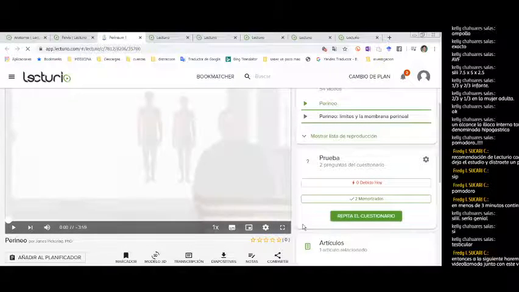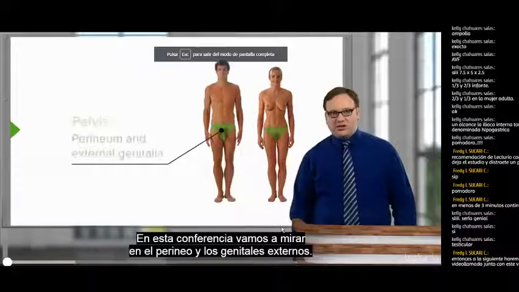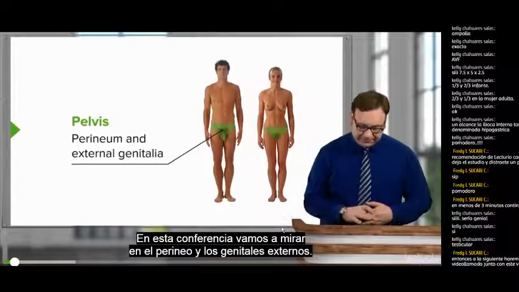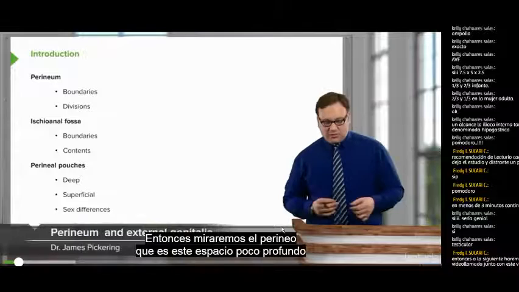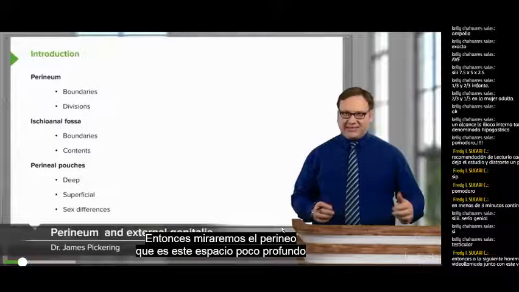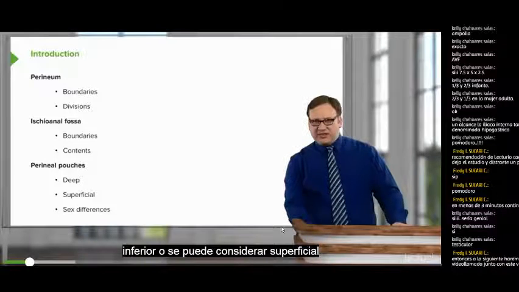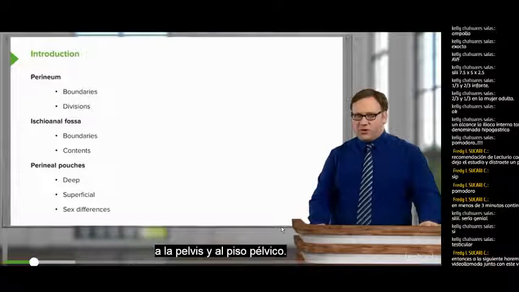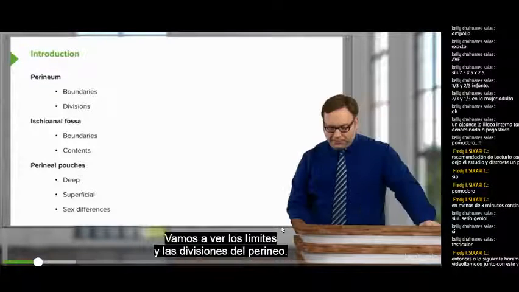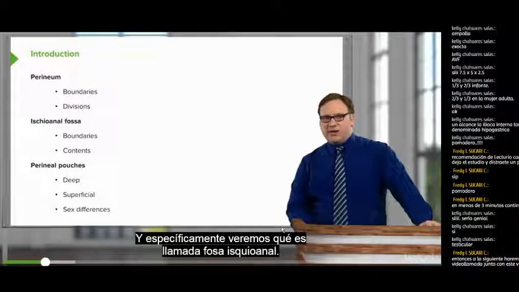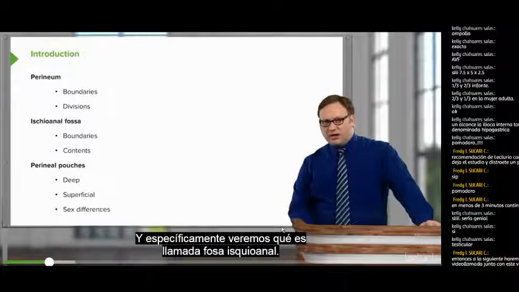In this lecture, we're going to look at the perineum and external genitalia. So look at the perineum, which is this shallow space inferior, or it can be considered to be superficial, to the pelvis and the pelvic floor. We're going to look at the boundaries and the divisions of the perineum, and specifically we'll look at what's called the ischio-anal fossa.